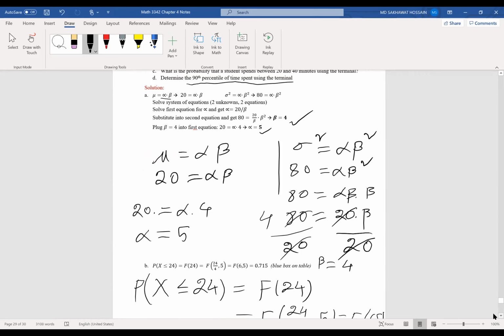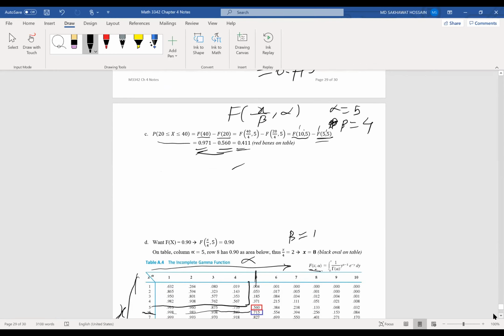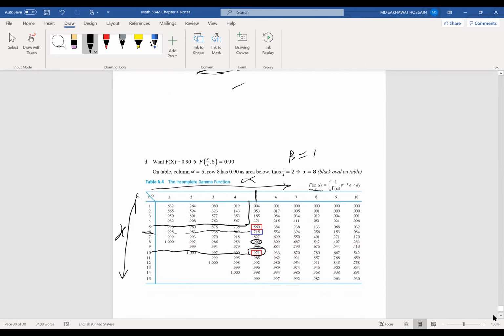The 90th percentile means you have to find the value of x for which the probability on the left side of x is 90%, so 0.90. Here, F(x over 4, 5) is equal to 0.90. Now, this is the probability and this is alpha. We know these two numbers, but we do not know this number. We have to find it.